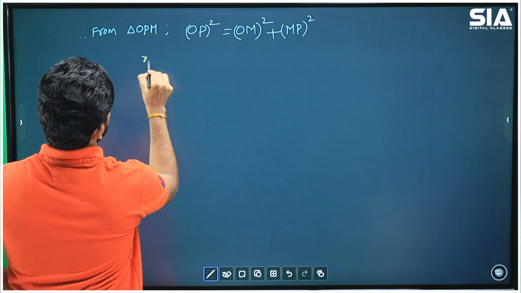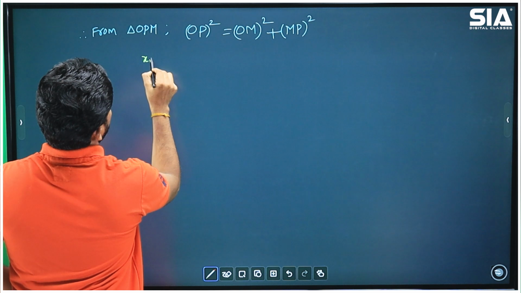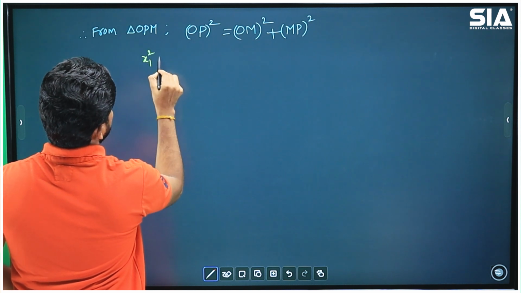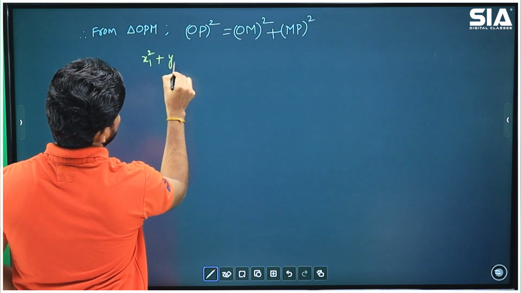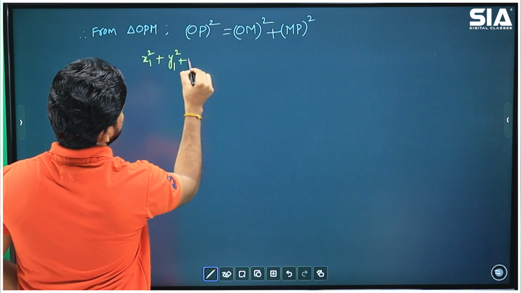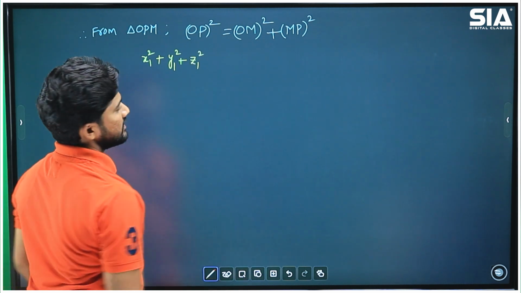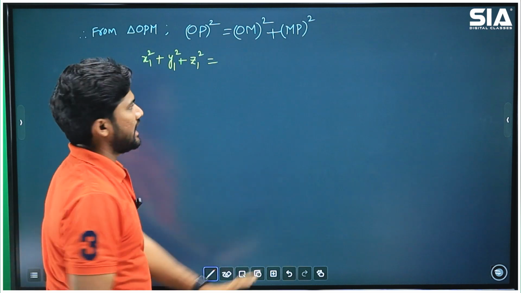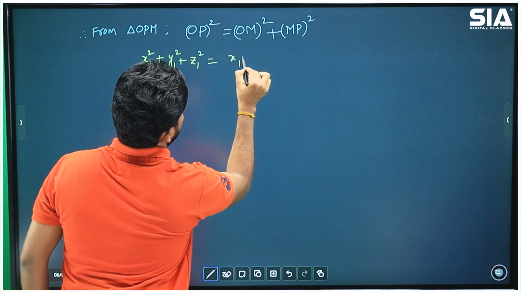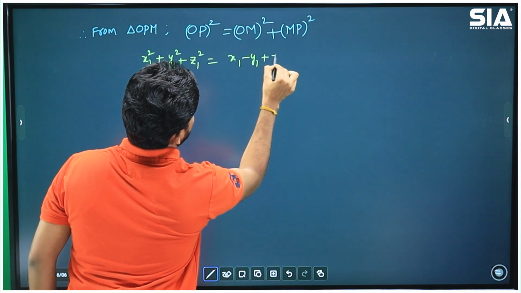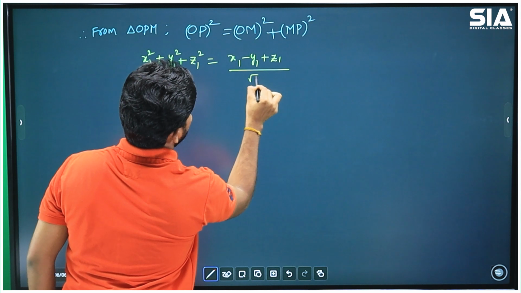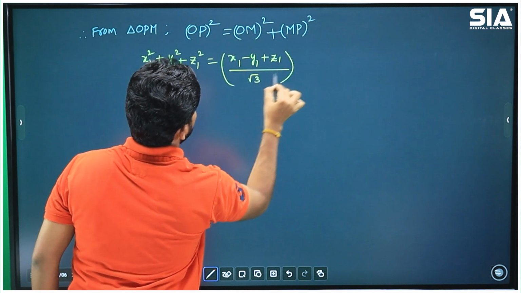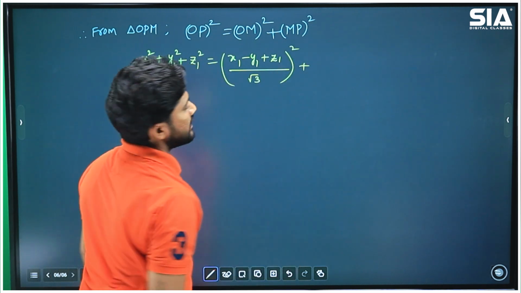So x1 minus 0 means x1 square, plus y1 square, plus z1 square, is equal to OM, which we just got: (x1 minus y1 plus z1) by root 3, whole square, plus MP.